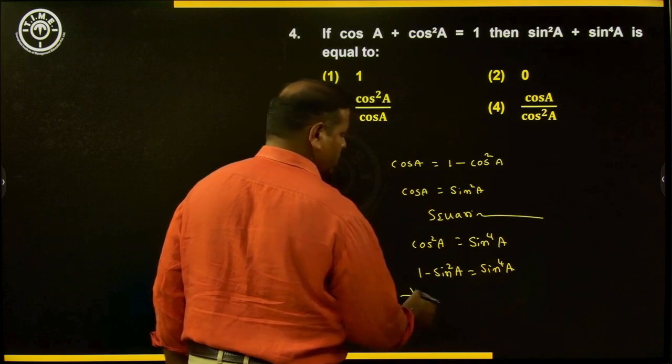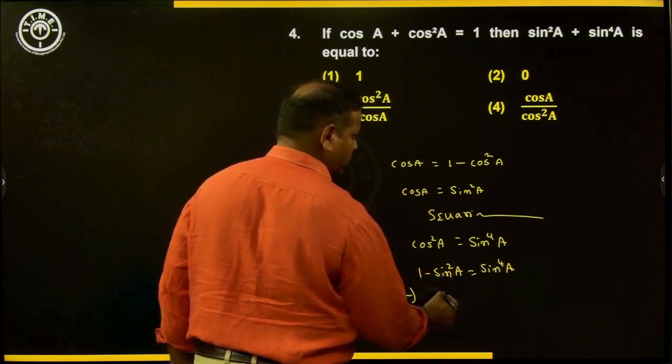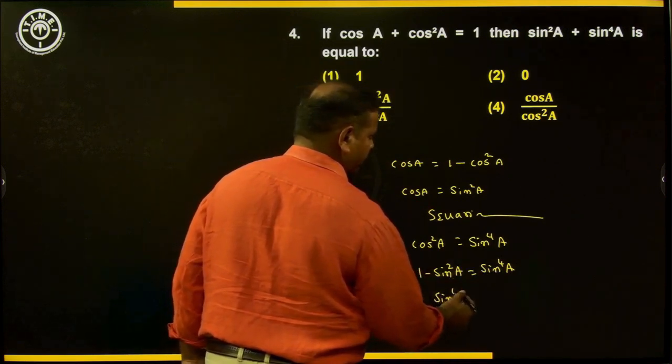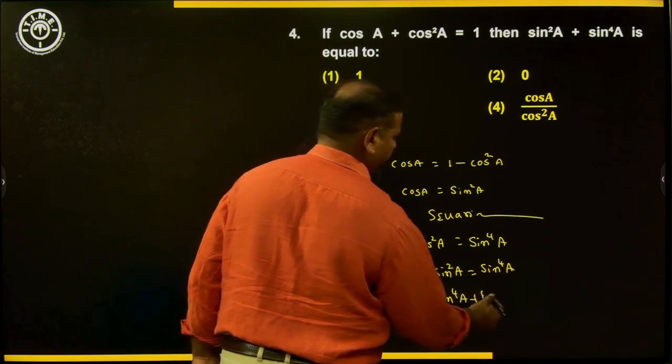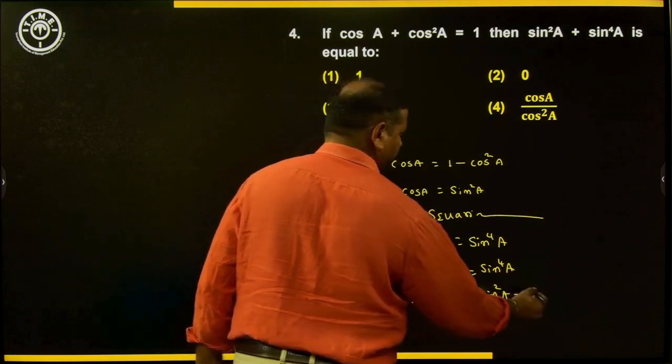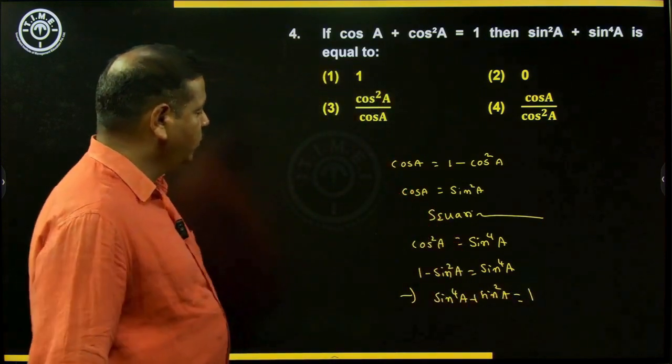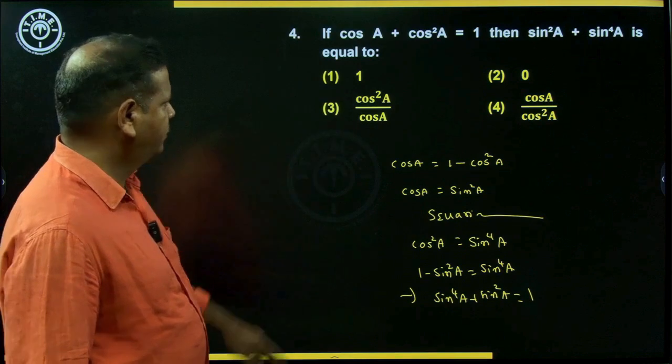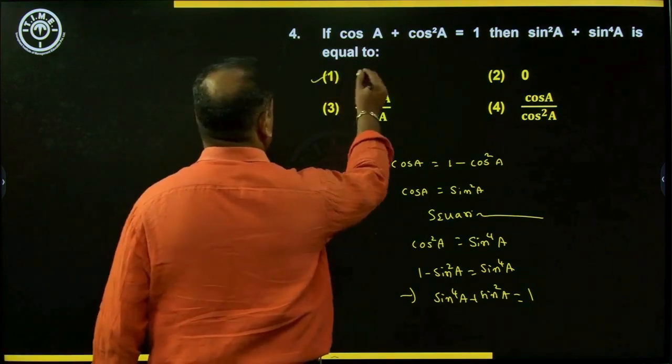So you get sin to the power of 4a plus sin square a equal to 1. Only 1 is left. So that is the first option.